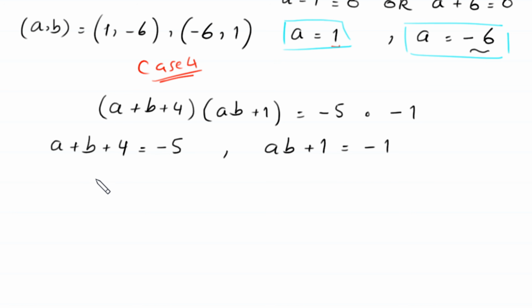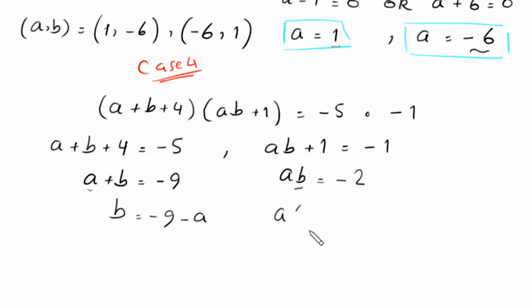From this equation we get a plus b is equal to negative 9, and from this equation we get a times b is equal to negative 2. From the first equation we move a to the right hand side, so b will be equal to negative 9 minus a. We replace b with this value, so a times negative 9 minus a is equal to negative 2.